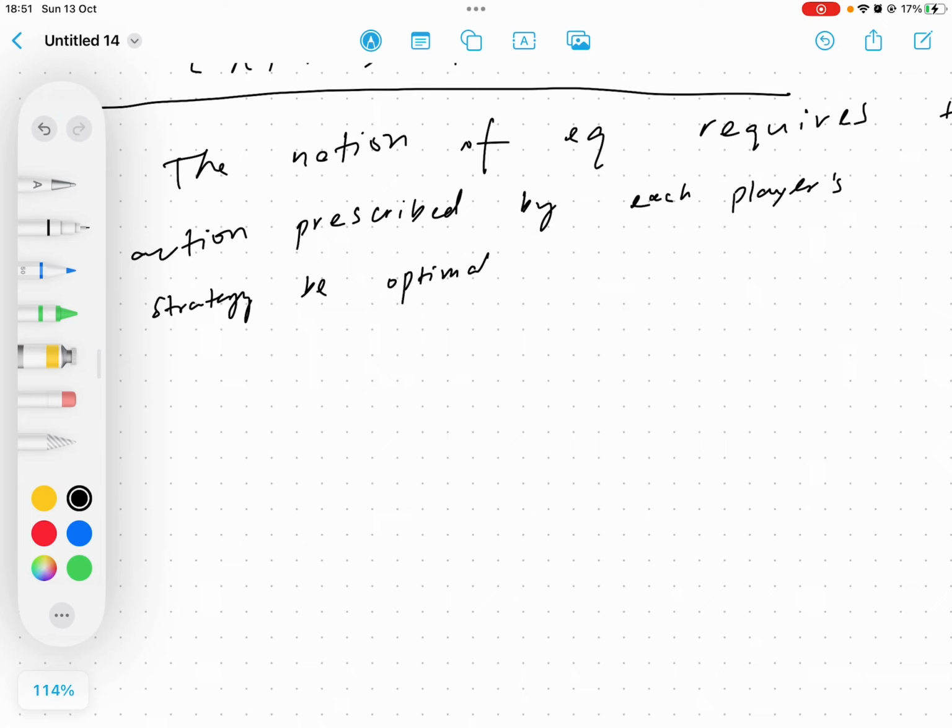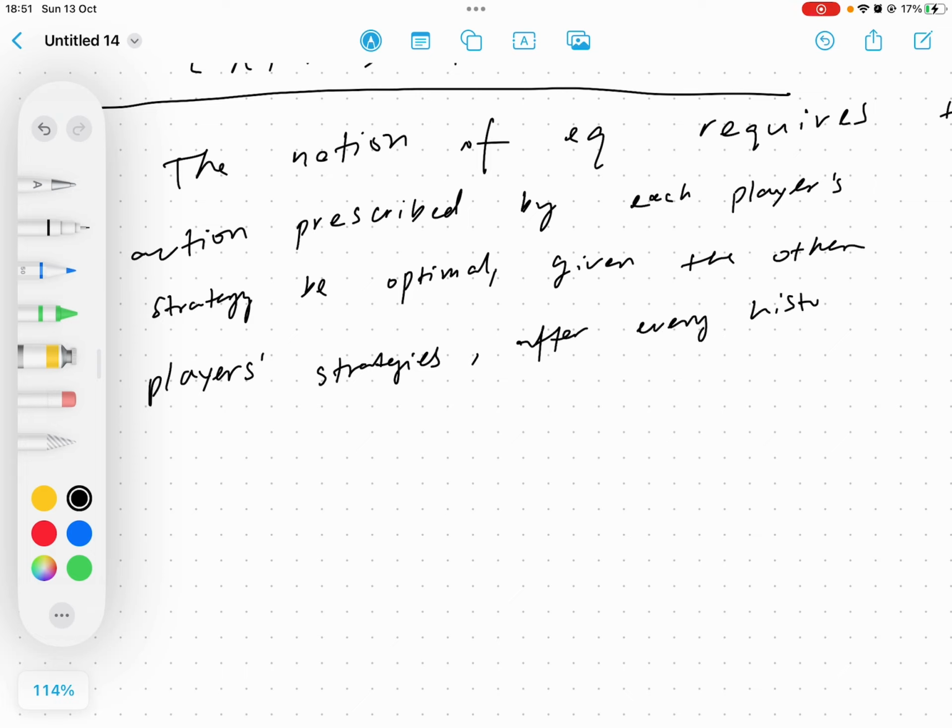Okay. And this is given the other players' strategies after, and this is important, after every history, right?